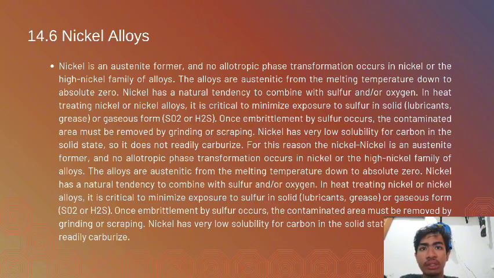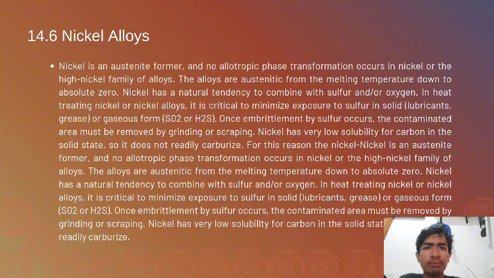It is found in nature as nickel sulfide and nickel oxide ores. In heat treating nickel or alloy nickel, it is critical to minimize exposure to sulfur in solid or gas form.